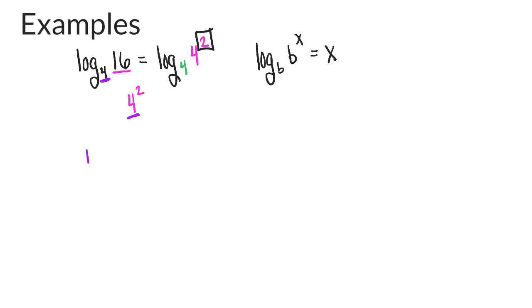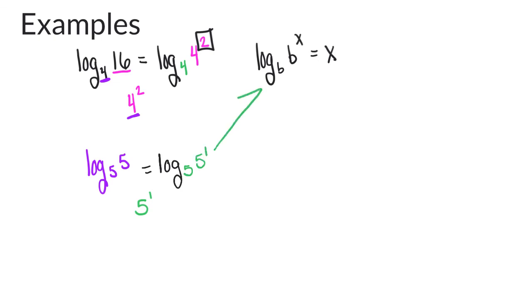What about if we had log base 5 of 5? Well, I can think of that as 5 to the first power. So instead of writing this as log base 5 of 5, I can write this as log base 5 of 5 to the first power.